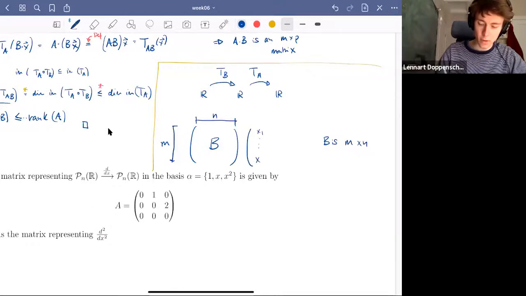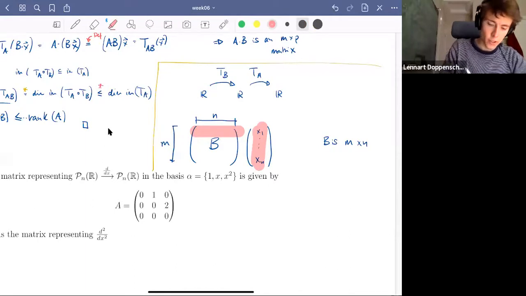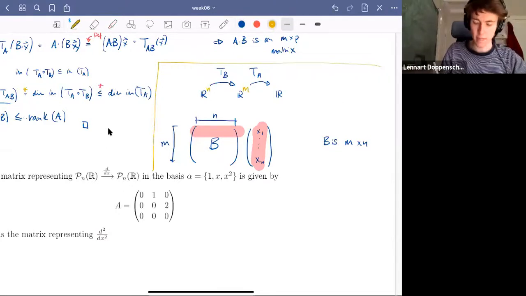x1 to xn, if it has exactly n entries, because what you do is you take this as a column and lay it on top of the matrix, and then you multiply them pairwise. So this means this has to agree. And so what we need is that it goes from Rn to Rm.